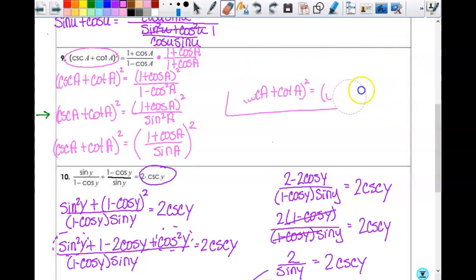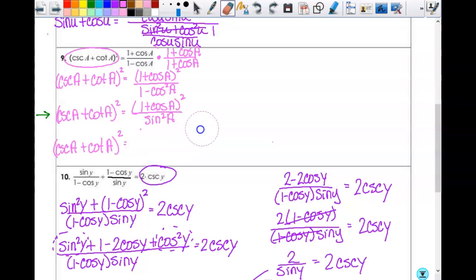Okay, so let's say that making that into a fraction squared like this is not anything that would even enter your mind, which, again, there's other ways. So instead, we could just multiply this out. If we multiply this out, this is going to give me 1 plus 2 cosine A plus cosine squared A, all over sine squared A. So what I know is I need this in reciprocals and quotients.